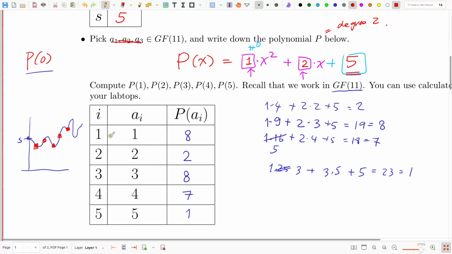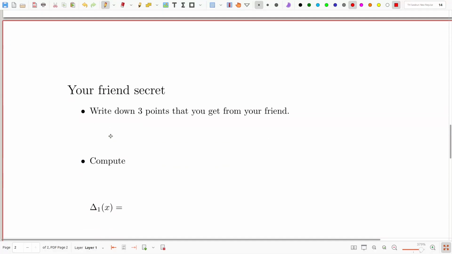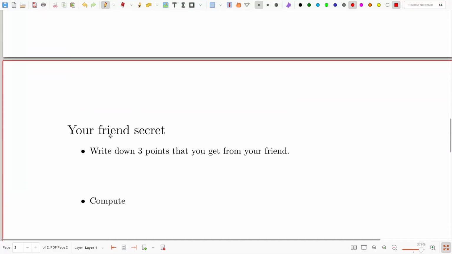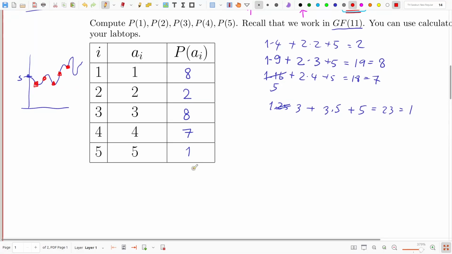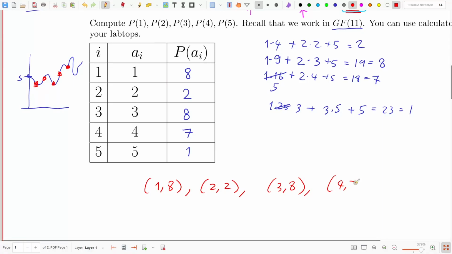And then suppose 3 people want to recover the message. What would they do? The next step is that process. So you should pick your friend. The 5 points that I have in my case are (1, 8), (2, 2), (3, 8), (4, 7), and (5, 1).